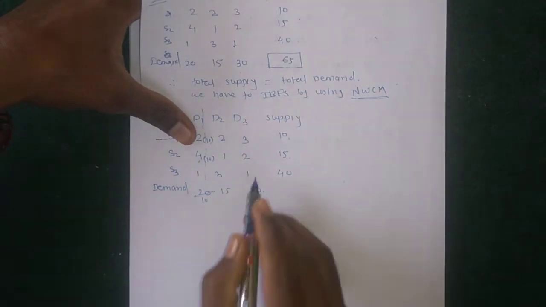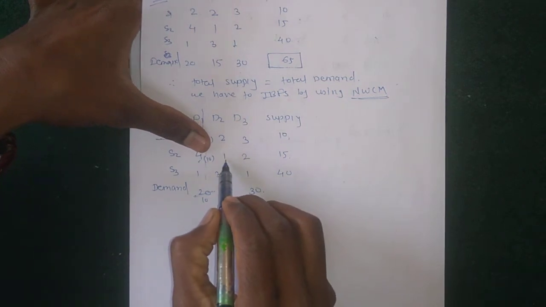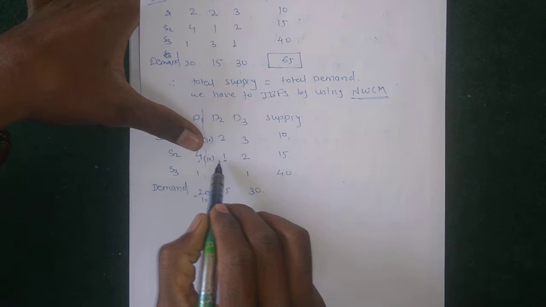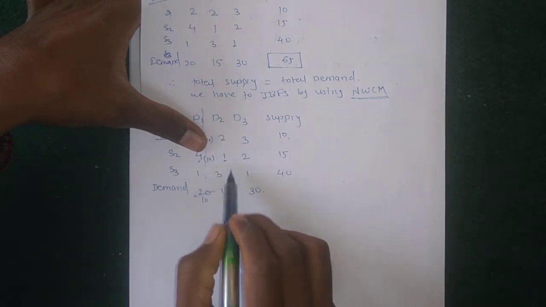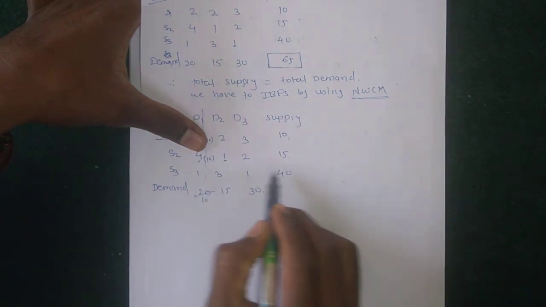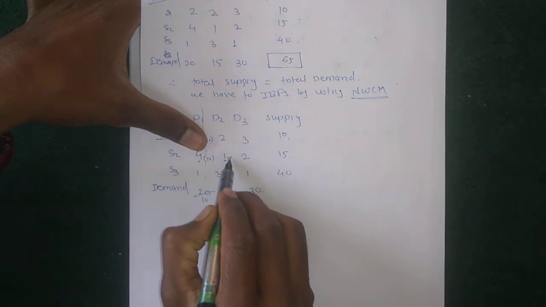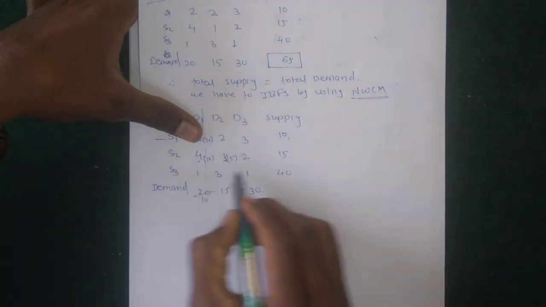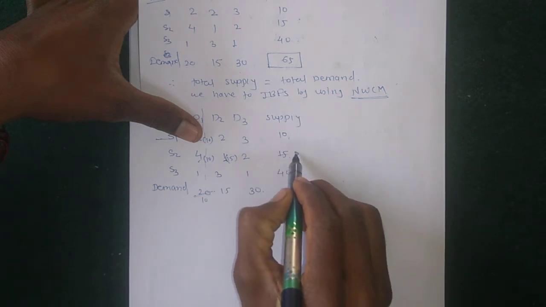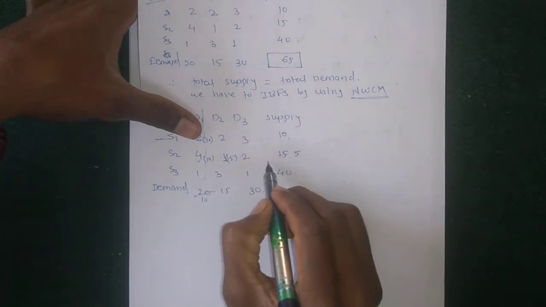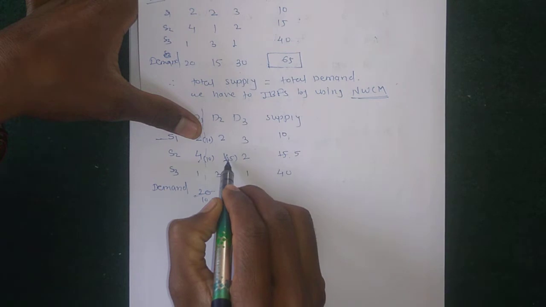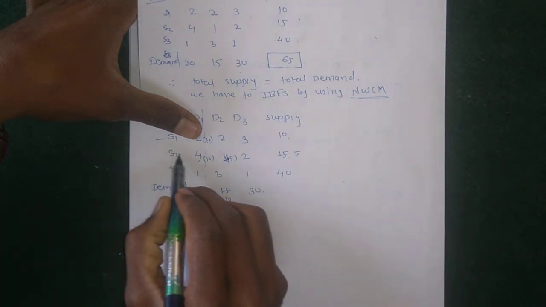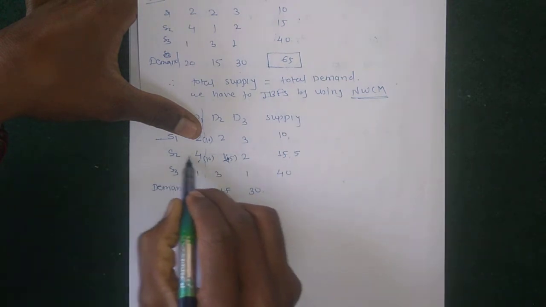Again the northwest corner has supply 15 and demand 15, so allocate accordingly. The remaining is 15 minus 10, which is 5. So allocate 5, remaining 10, and delete this row.